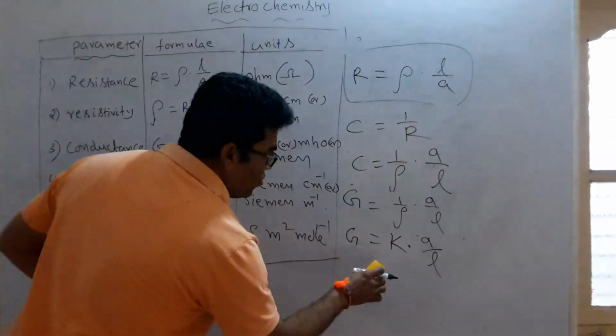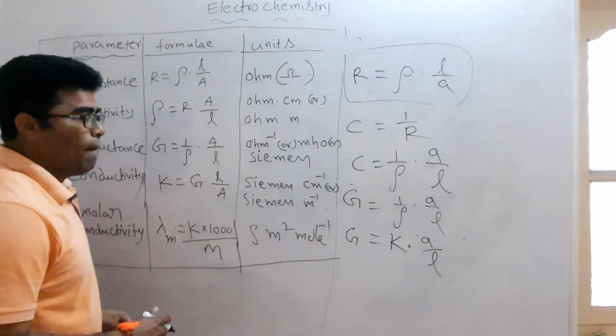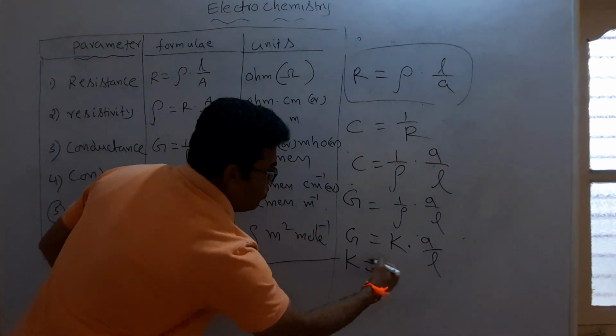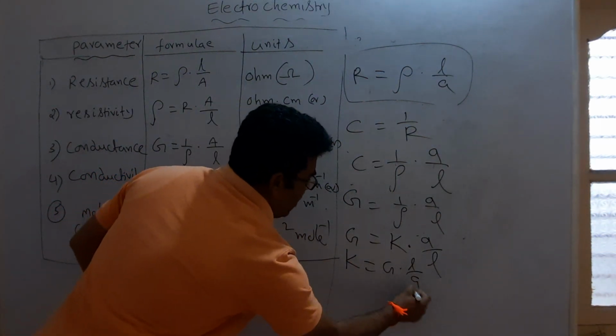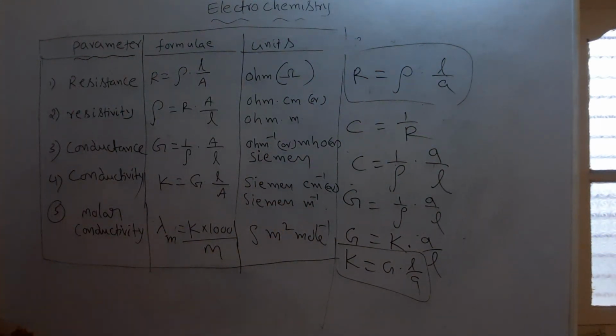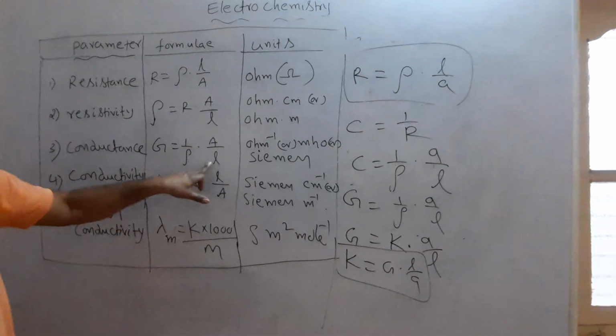So G equal to K into A by L. Now K equal to, you bring this side, G into L by A. K means conductivity. K equal to G into L by A.